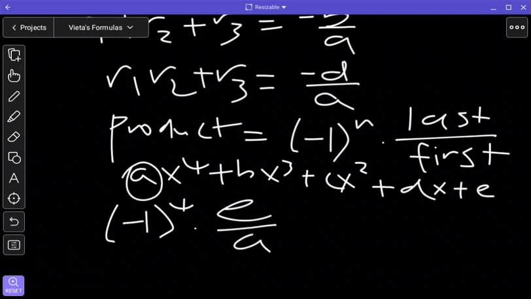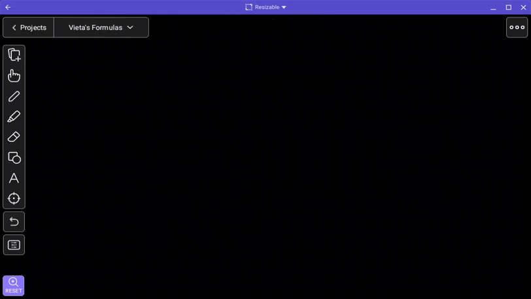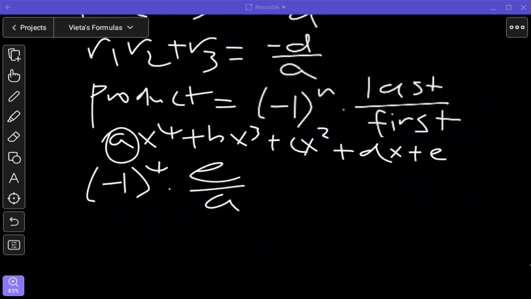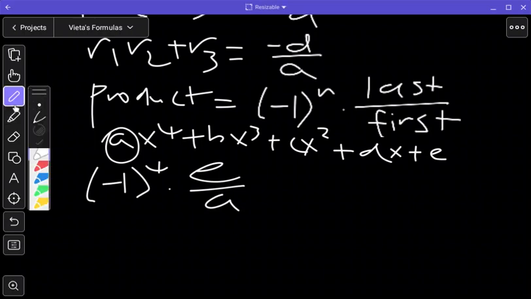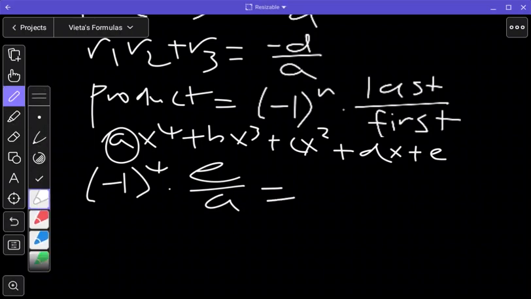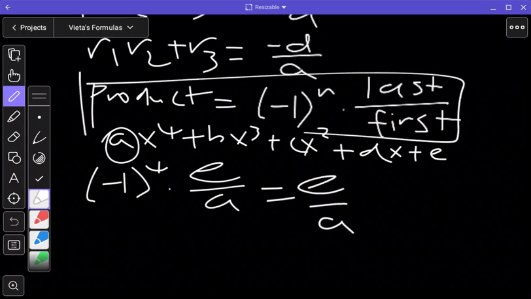And negative 1 to the fourth power is just 1. So that means that the product of all your roots in a fourth degree polynomial is just equal to e over a. So just keep in mind this generalization with the products.